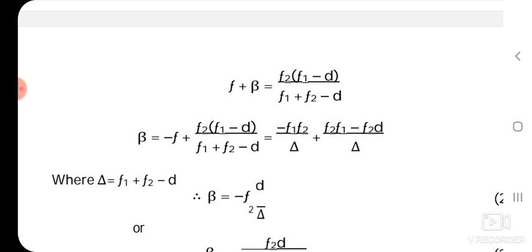If we rearrange this equation, finally we will get beta is equal to minus F1 F2 divided by delta plus F2 F1 minus F2 D divided by delta, where delta is nothing but F1 plus F2 minus D. Therefore beta is equal to minus F2 D divided by delta.